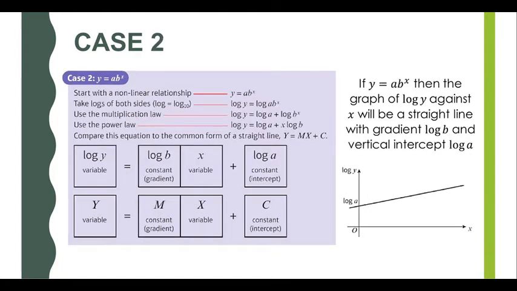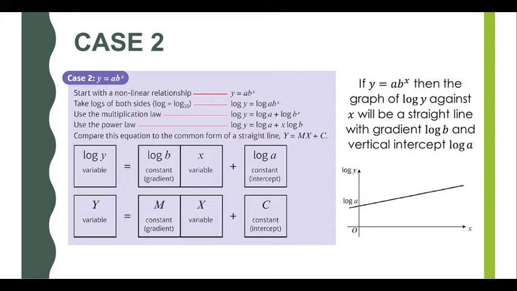If we look at our second case, exponentials, of the form y equals ab to the power of x, again we take log of both sides, use the multiplication law and the power law to give us log of y is equal to log a plus x log b. Again, if we compare this to the common form of a straight line, y equals mx plus c, y is equal to log y.